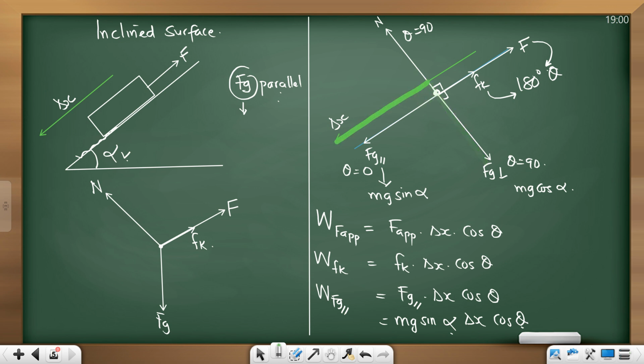Conclusively, once you draw your free body diagram correctly, friction is always what? 180. The force on the other side of friction is 0. Does that make sense now? Yes, sir. As my summary: once you draw a free body diagram, friction is 180 degrees.